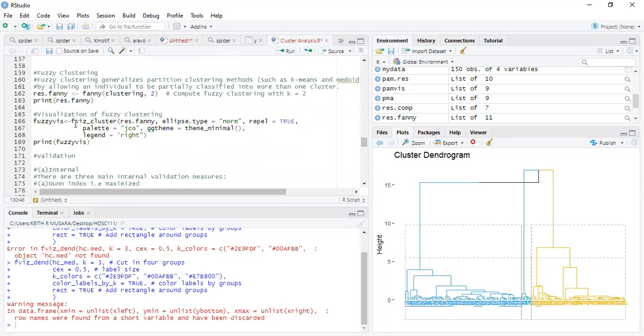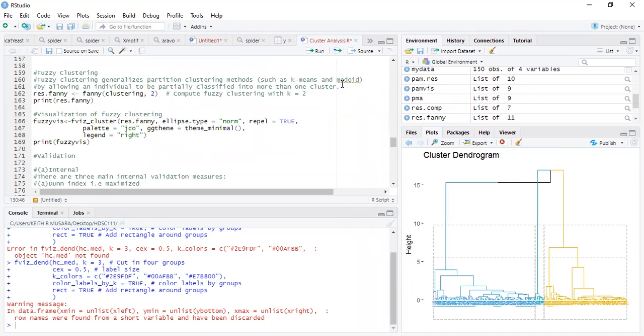Then we look at fuzzy clustering. It generalizes the partitioning clustering methods such as k-means and PAM, which is based on medians. So it's a combination of k-means clustering and the medians, by allowing an individual to be partially classified into more than one cluster. This is a more recent type of clustering, the fuzzy type of clustering.